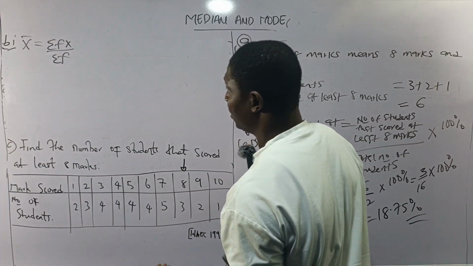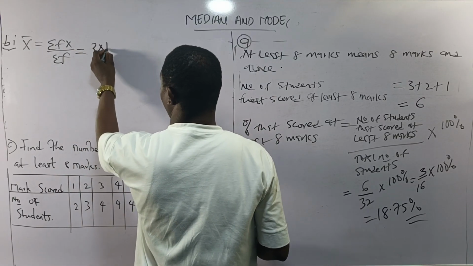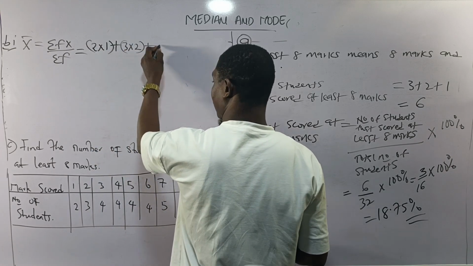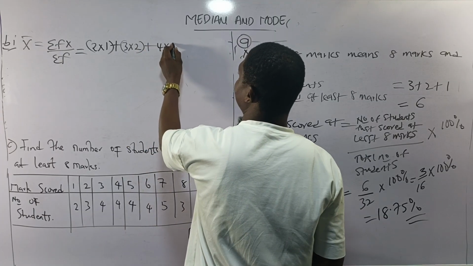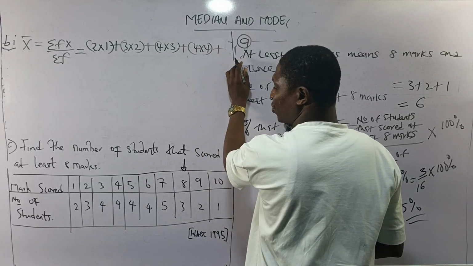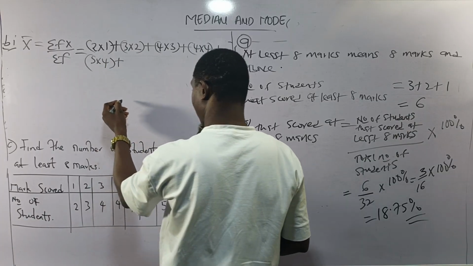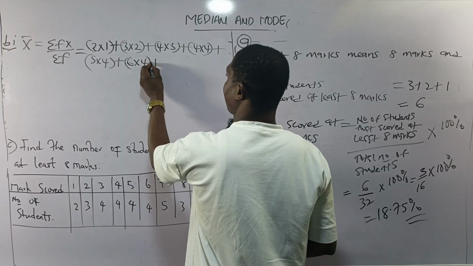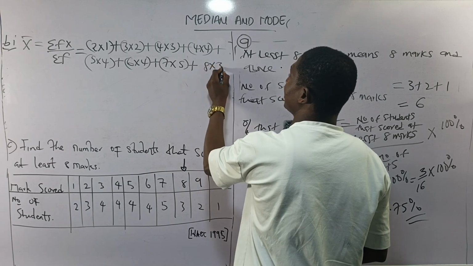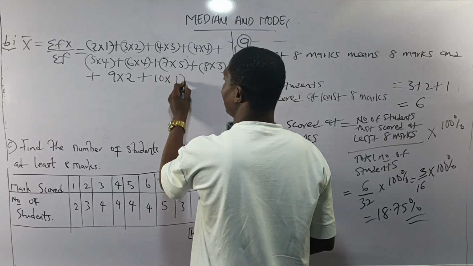Now we have our values already, so we simply have 2 times 1 plus 3 times 2 plus 4 times 3 plus 4 times 4 plus 5 times 4 plus 6 times 4 plus 7 times 5 plus 8 times 3 plus 9 times 2 plus 10 times 1.